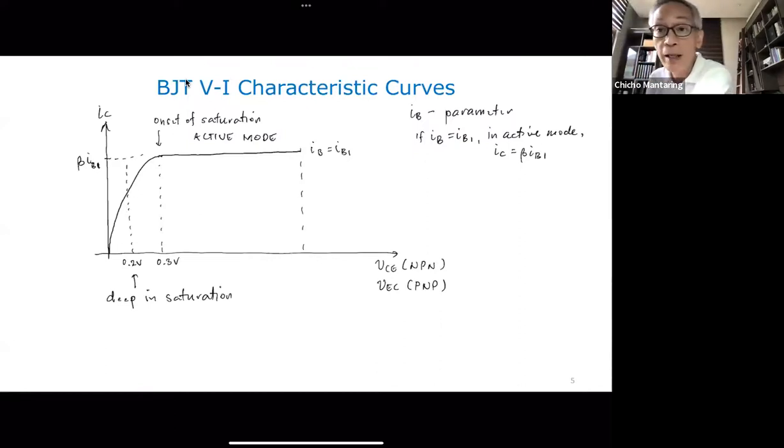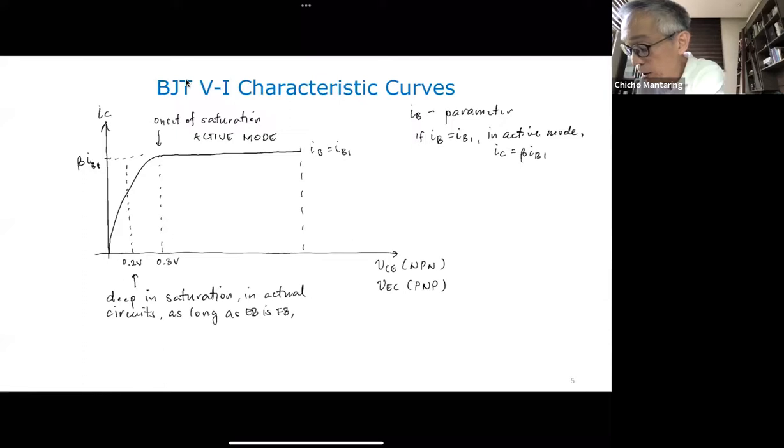Okay. And in actual circuits, for as long as your emitter base is forward biased, VCE will not become smaller than this.